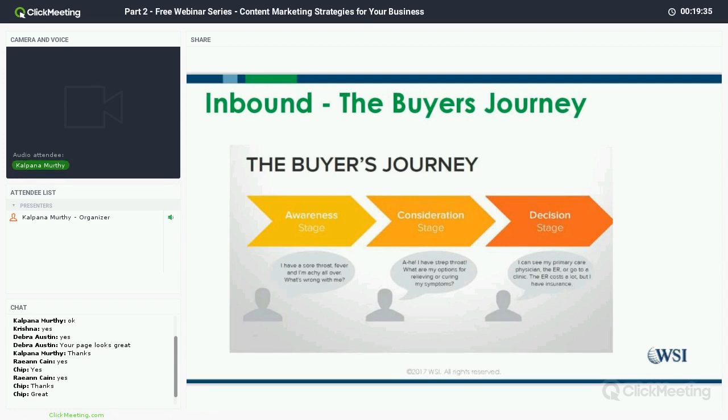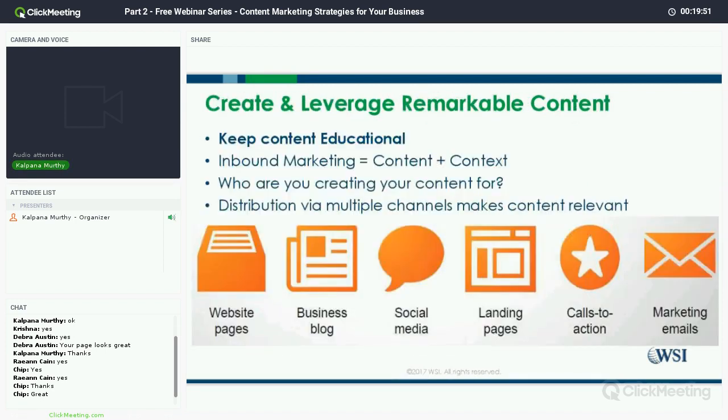Once they know about the solution, they look for who the solution providers are and research them before picking the one that is a good fit, which includes value, price, and of course customer service.